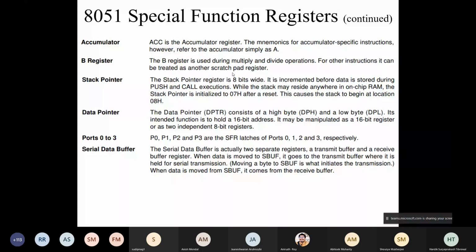Actually, what are these A and B registers and all these registers? These are some sort of D flip-flop arrays. Accumulator is an 8-bit D flip-flop with bidirectional ability, bidirectional D flip-flop that I explained to you sometime back about the port pins. Same thing for accumulator also. You can write over there, update the D flip-flop, and then read back the output of the D flip-flop through a switch.